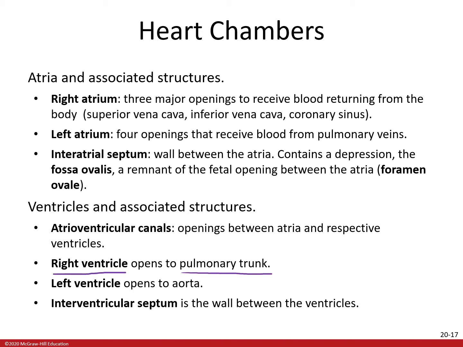From there, our blood comes back to the left atrium and then into the left ventricle here, which is then going to open up into the aorta and then out through the entire body. The last structure associated with ventricles is the interventricular septum. Just like the interatrial septum, this is a wall that separates our two ventricles.